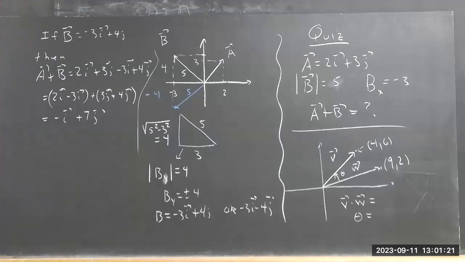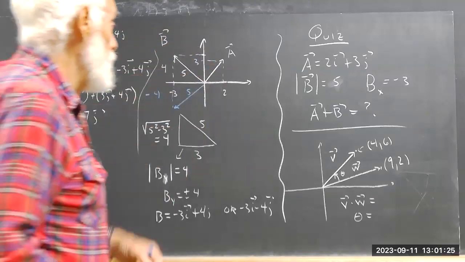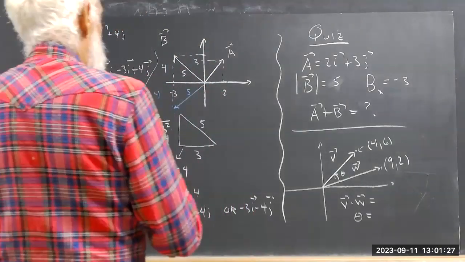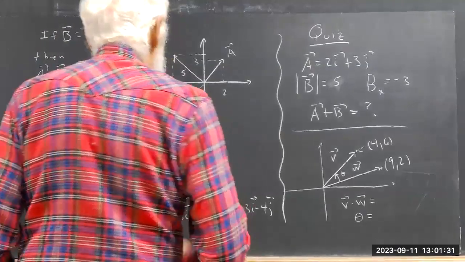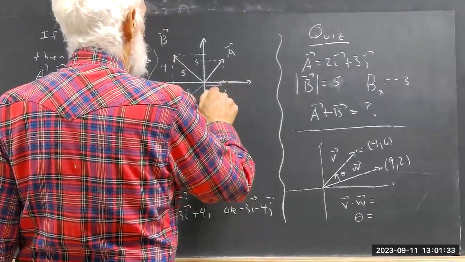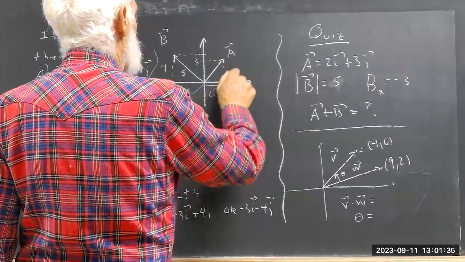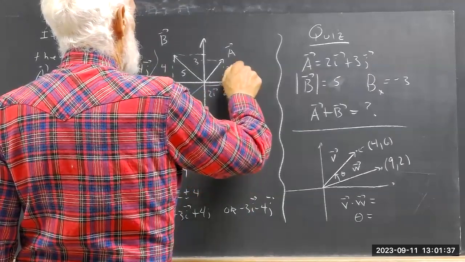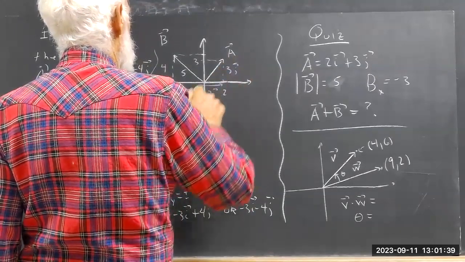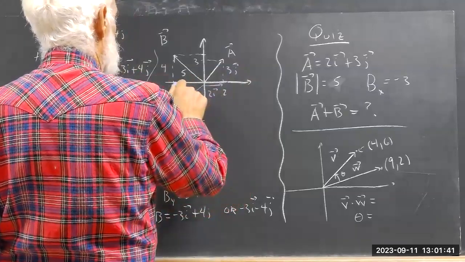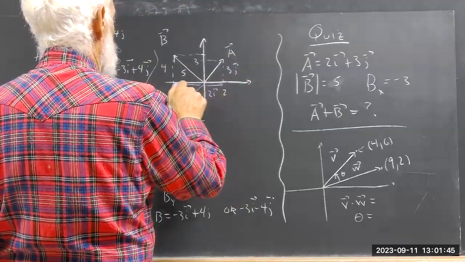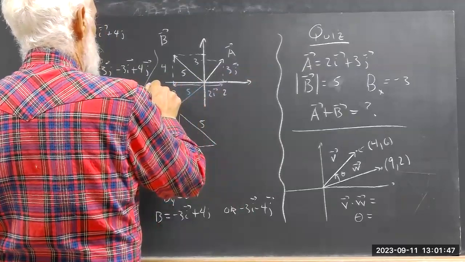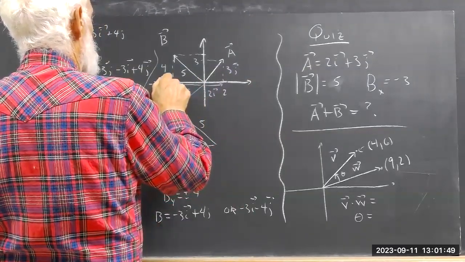Okay. Now that all comes out in the picture. I mean, we can write these i and j vectors. Here's 2i, and here's 3j. And over here is negative 3i.